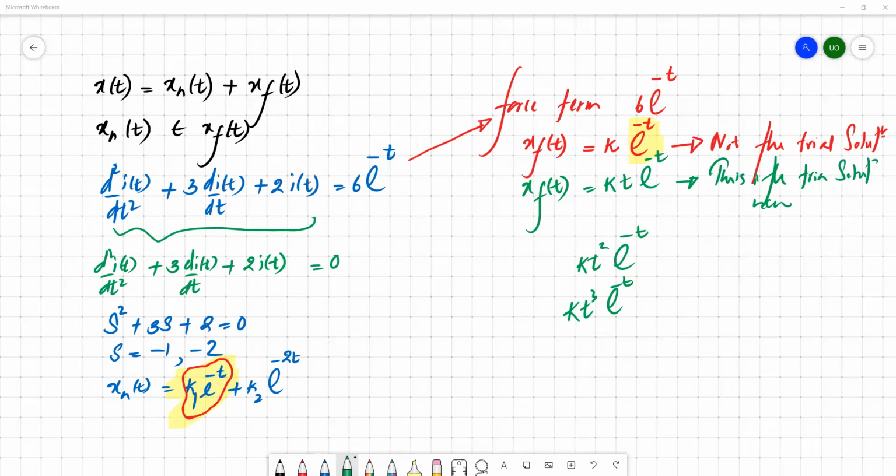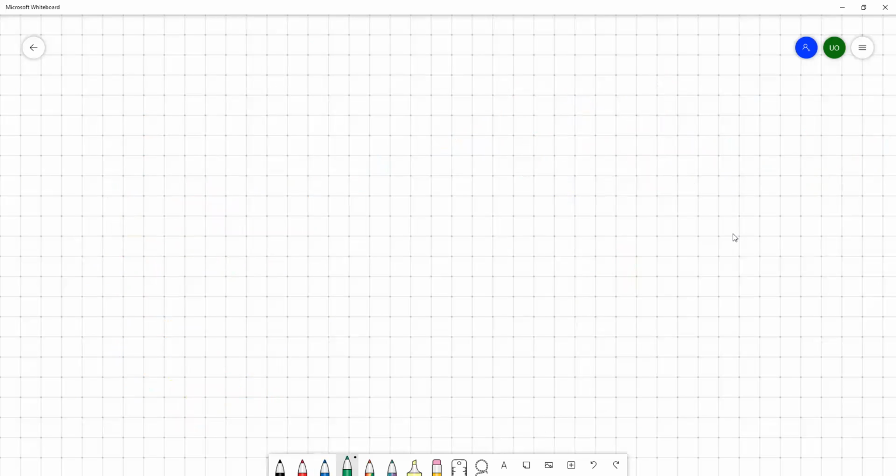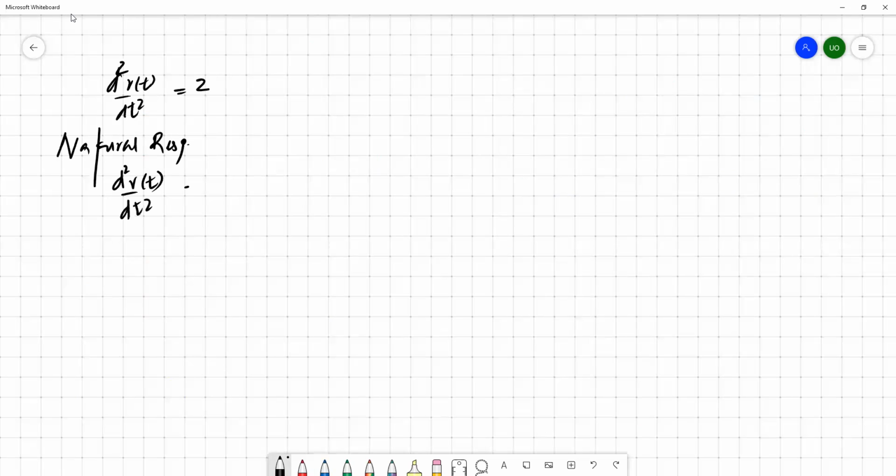If I go through this example, this is the differential equation, d squared v(t) over dt squared equals 2. For the natural response, we take the corresponding differential equation by letting the forcing term be 0.